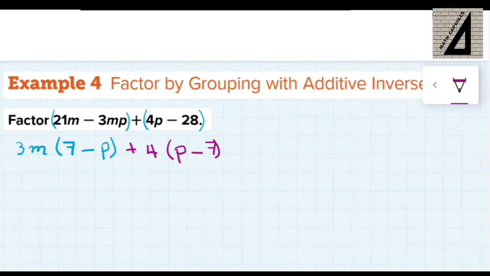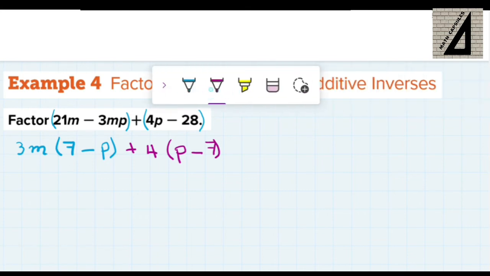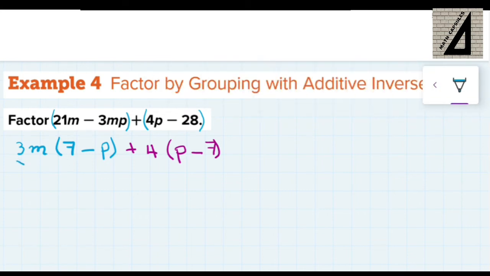Now look at these two terms. We have 3m times 7 minus p and 4 times p minus 7. Is there any common factor between them? No, there is not. In its shape like this, it has no common factor.